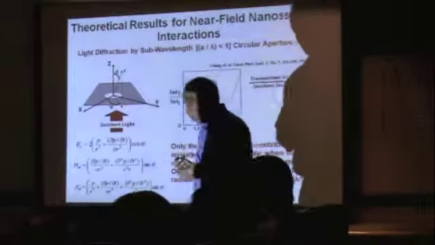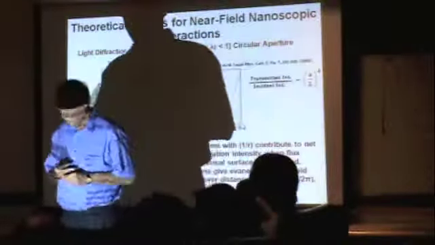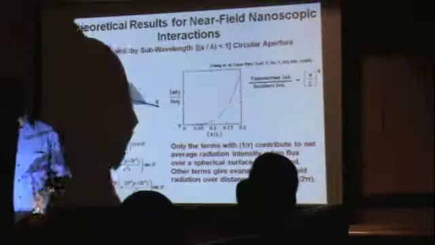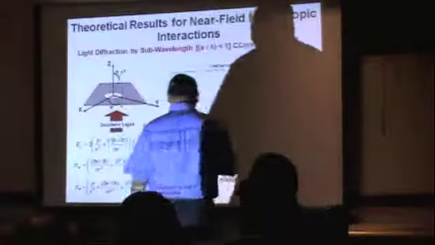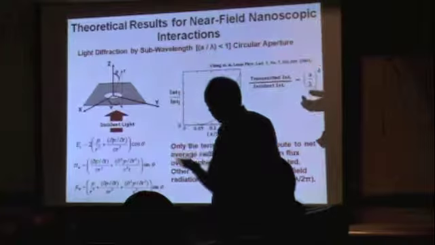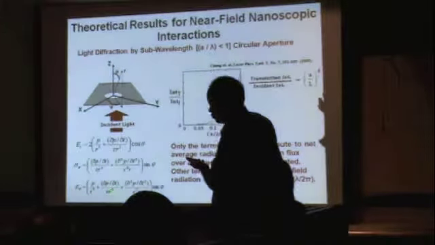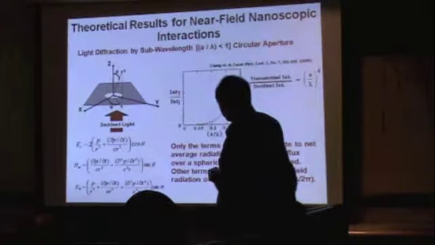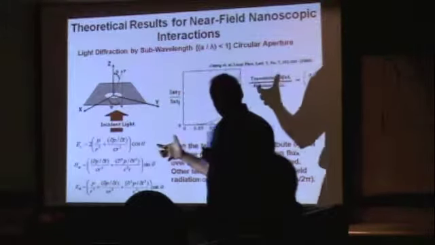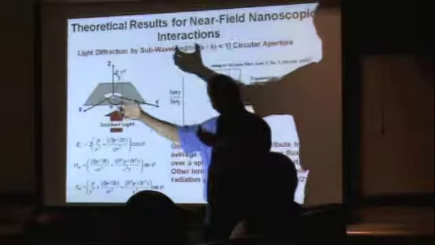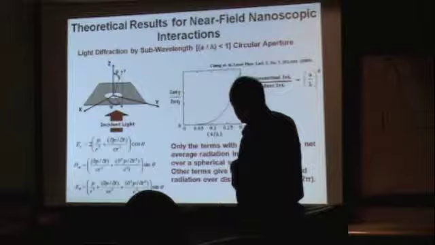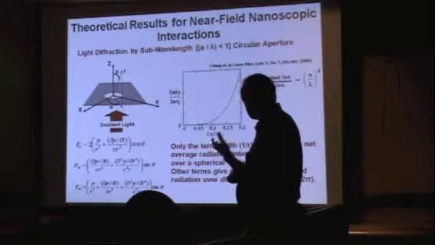Now you probably know from undergraduate E&M that the intensity of light is the square of the field. So if I square these field components, some components will fall off as r to the 6, r to the 4, and this one will fall off as r squared. Something which falls off as r squared means the intensity goes as 1 over r squared in real radiating light. So this is the far field component, which is the usual thing.